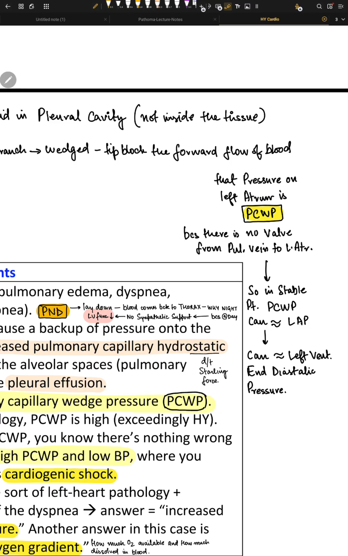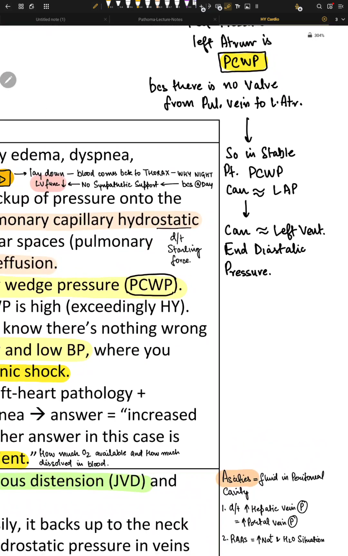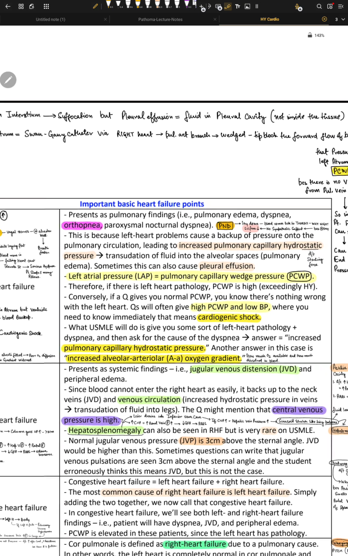So in a stable patient, this PCWP, that is pulmonary capillary wedge pressure, can be equal to this left atrial pressure. So that's why PCWP can be used to understand left ventricle problems. We can use this PCWP as left ventricle end diastolic pressure. Okay, so that's the idea here.